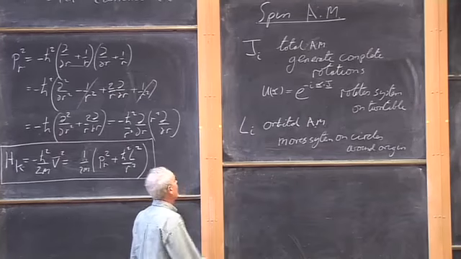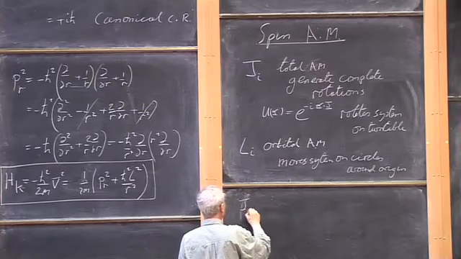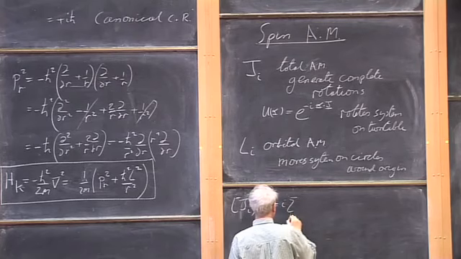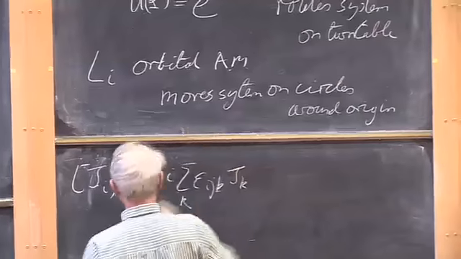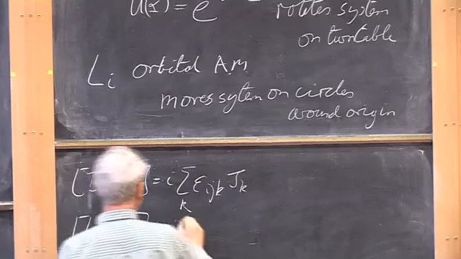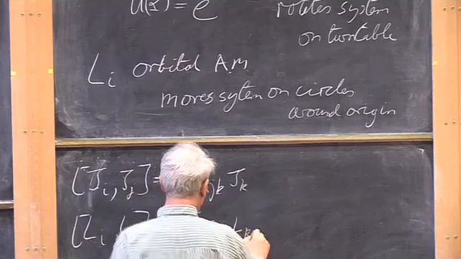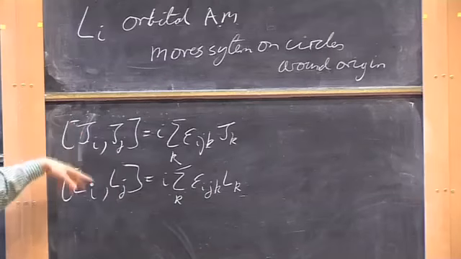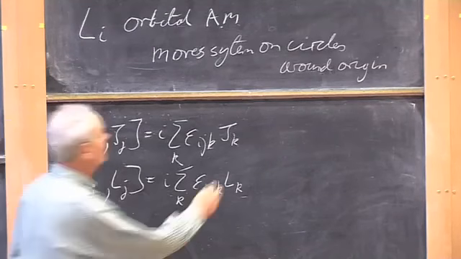And okay, so we found the commutation relations here. We found that Ji, Jj is equal to i sum over k epsilon ijk Jk, and we found that it was also true that Li, Lj was equal to i summed over k epsilon ijk Lk. They had the same commutation relations amongst themselves, these operators, which is why we could use the work we did demonstrating what the eigenvalues of these could be.